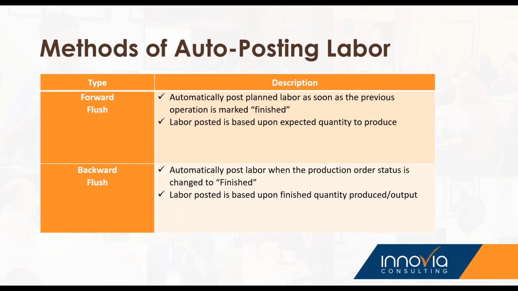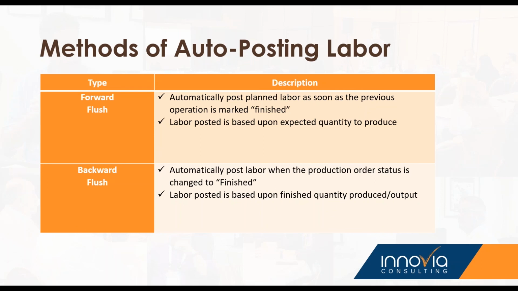So if it's set up as backward and I finish the production order, it's going to consume labor based on the output quantity, based on our standard, whatever the routing said. It'll do all the steps if they're all set up as backward and consume all that labor into cost of goods sold.